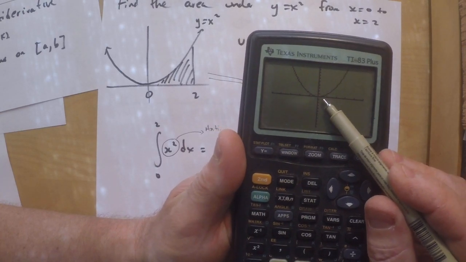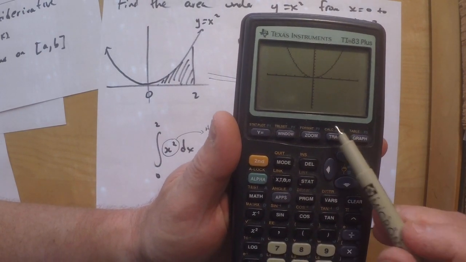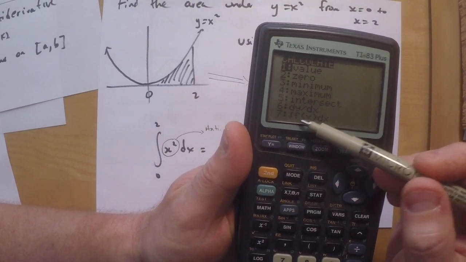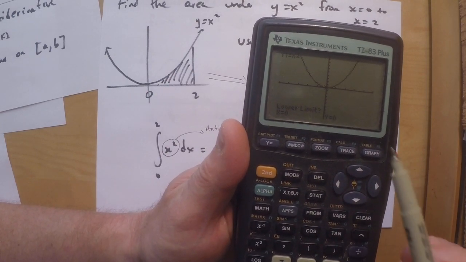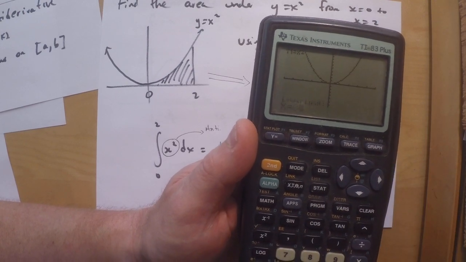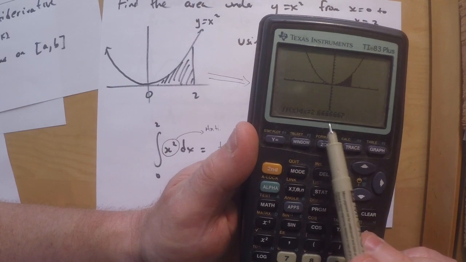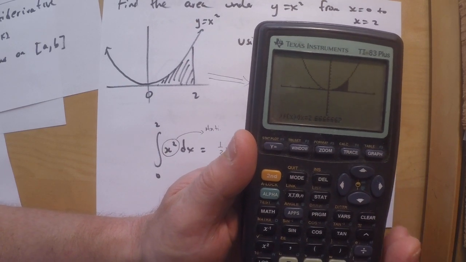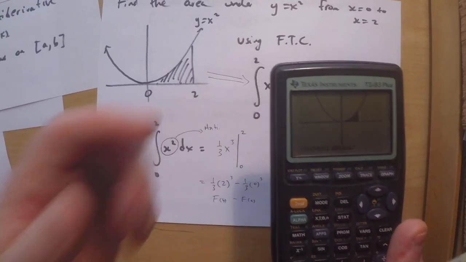If I wanted to find the area from 0 to 2 underneath that graph, one thing I can do is go second calc, down the list, you see there's an integral, number 7, and then it says lower limit is 0, upper limit is 2, and then it'll paint the picture and tell you what the area is, 2.66666, which is 8/3. You can do it with Desmos as well. You just have to go and look for the integral symbol in the miscellaneous functions.